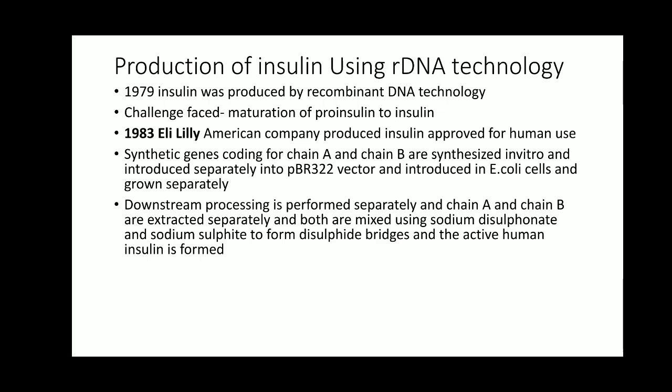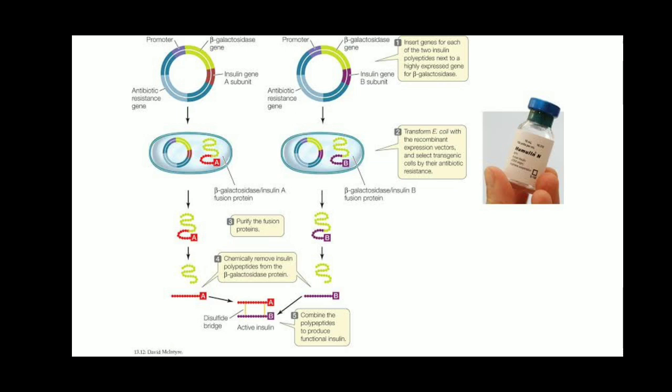This human insulin is given through injections only, but not through pills or tablets. Why? Because each enzyme and each hormone has its own optimum pH where it remains active. Insulin remains active at pH 7.6 to 8.